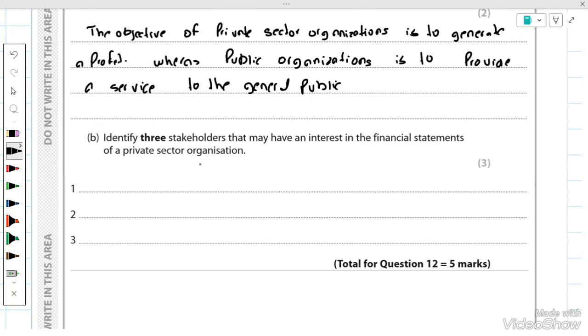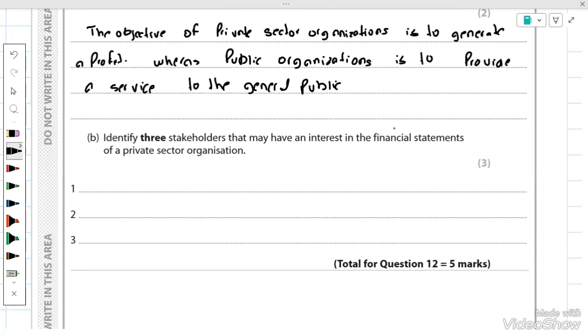Basically, these are your stakeholders. Stakeholders are individuals, corporations, or the government, which will be influenced by your financial statements.